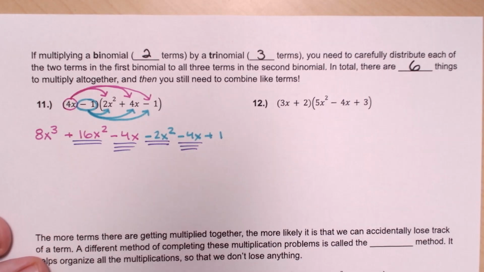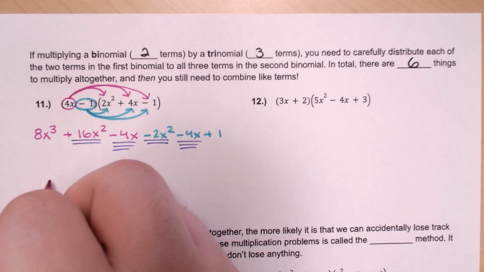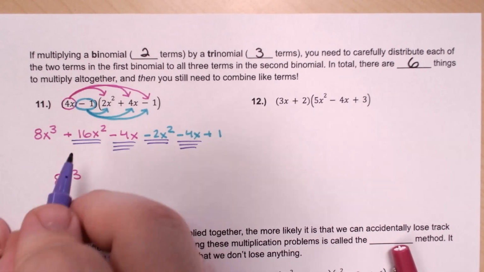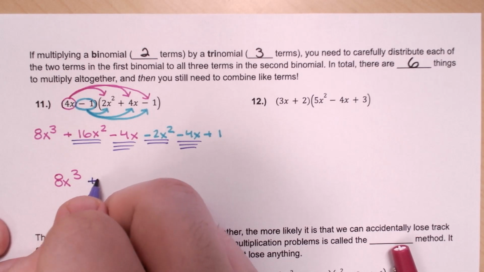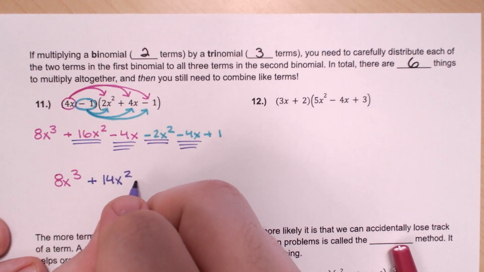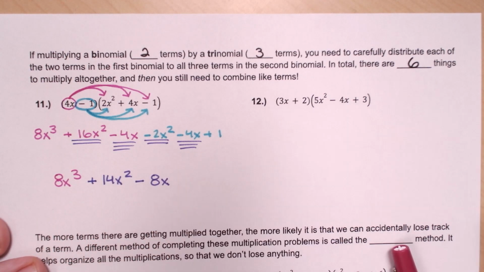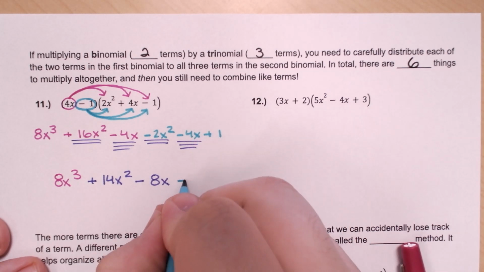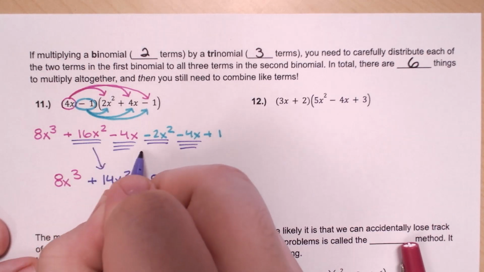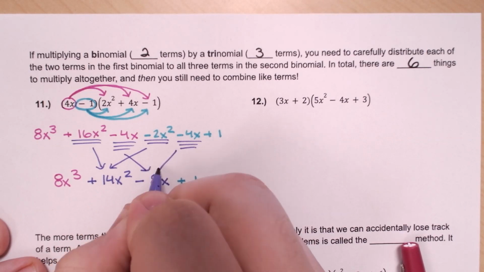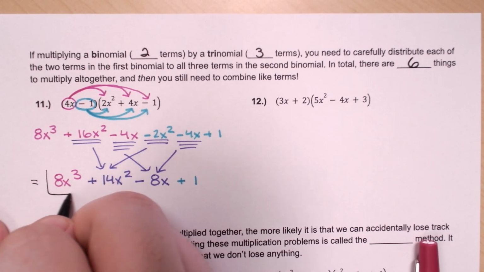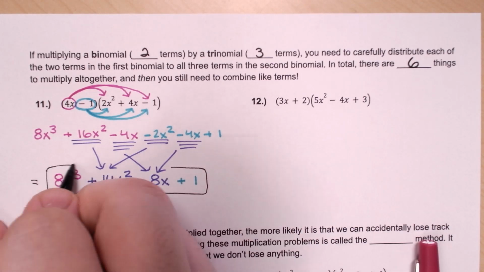So, when I combine my like terms, my final answer is 8x cubed, 16 and negative 2 make 14, x squared, negative 4x and negative 4x add to negative 8x, and then that plus 1 hanging off the end. So your final answer is 8x cubed plus 14x squared minus 8x plus 1.